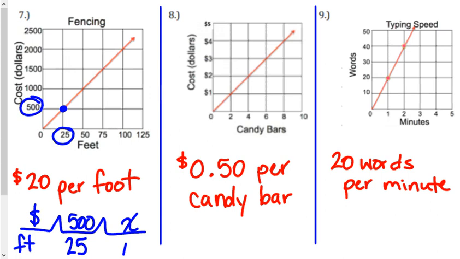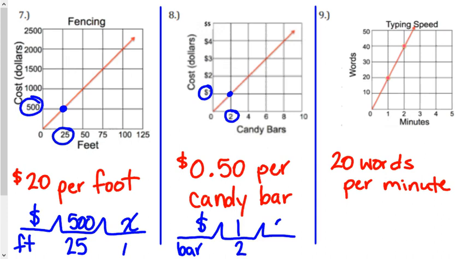All right, my next one. When I look at my next one, I'm going to use these two right here. And right there at that point, it shows me that the cost per candy bar is $1 for 2 candy bars. So what that means is how much money for 1 candy bar.